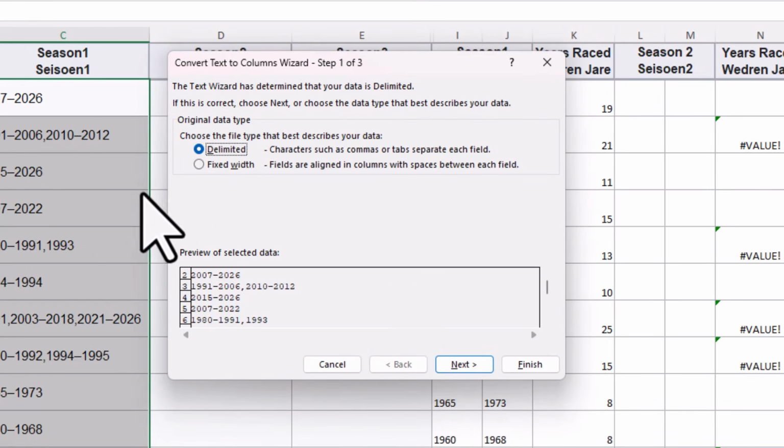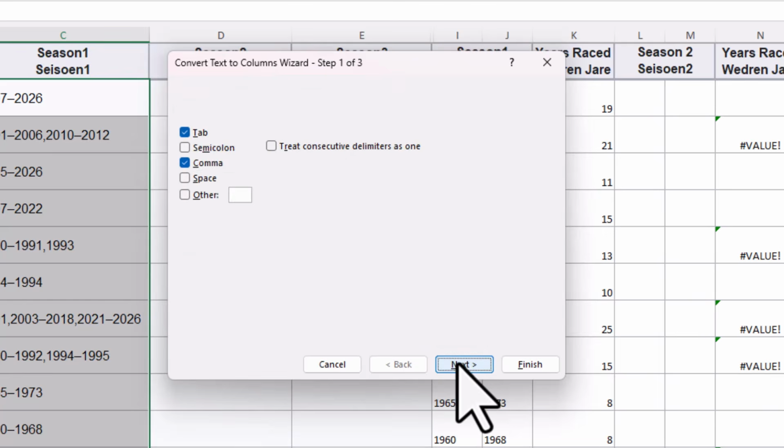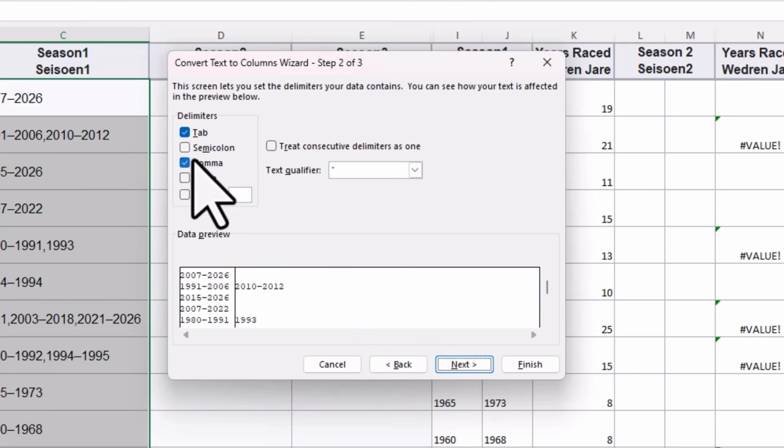It's not a fixed width because you can see these widths are all different. Characters such as a comma or tab separate each field. That's what it says there. Let's go next. Of course we want to tick comma. We don't have to use tabs, but we can say comma separated. Let's go next.